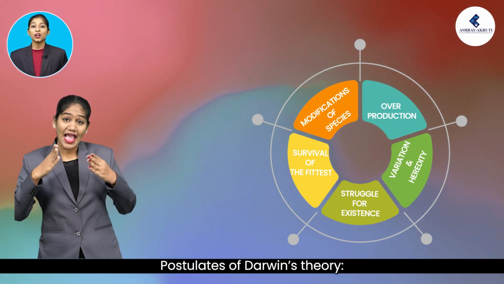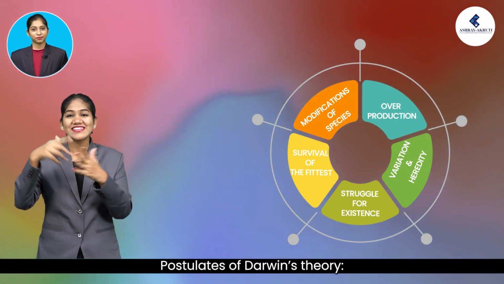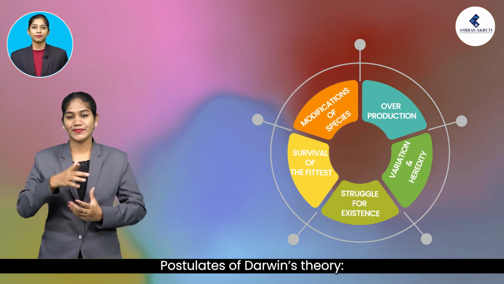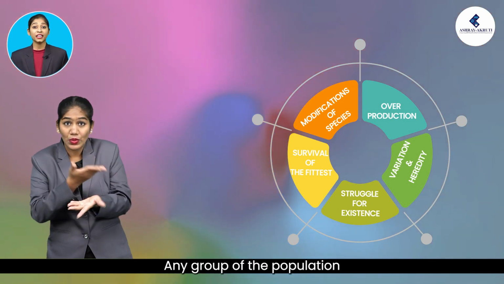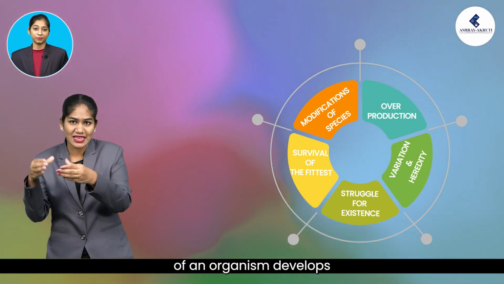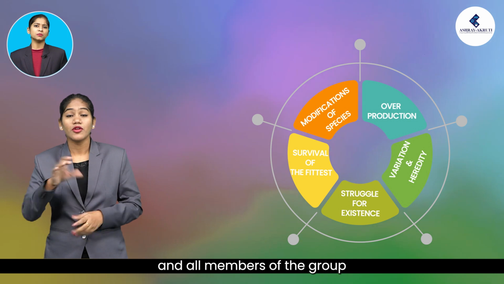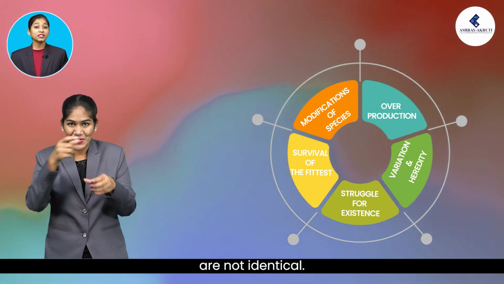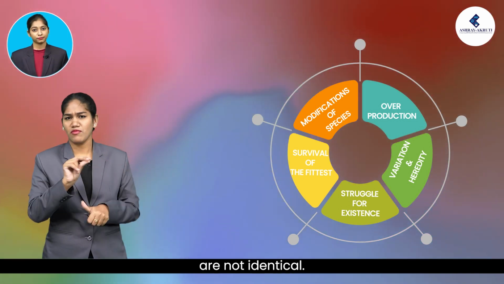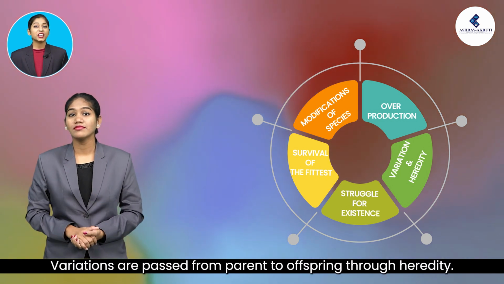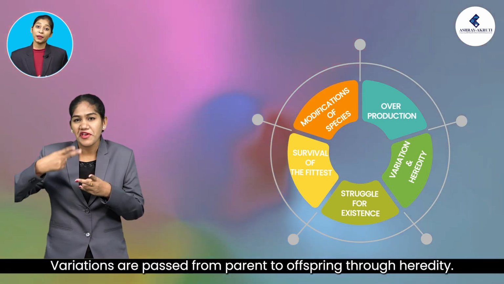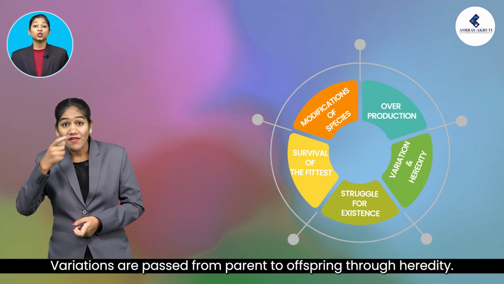Postulates of Darwin's theory. Any group of the population of an organism develops variations, and all members of the group are not identical. Variations are passed from parent to offspring through heredity.